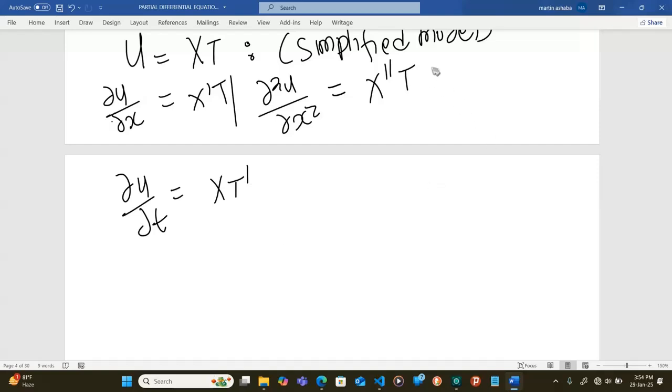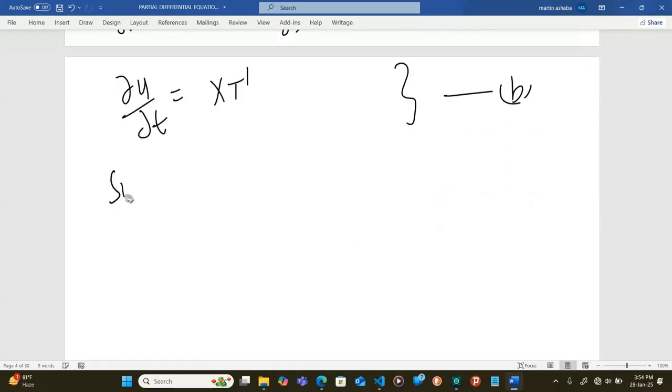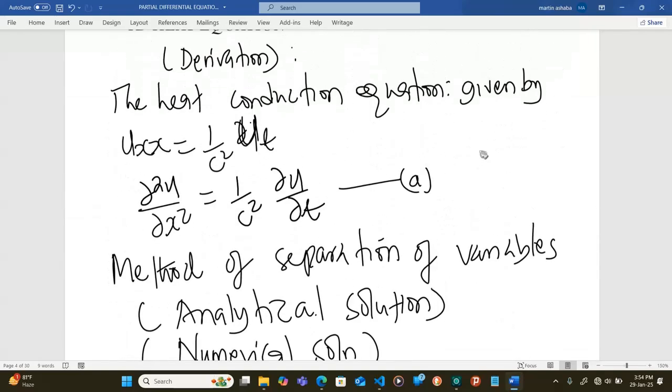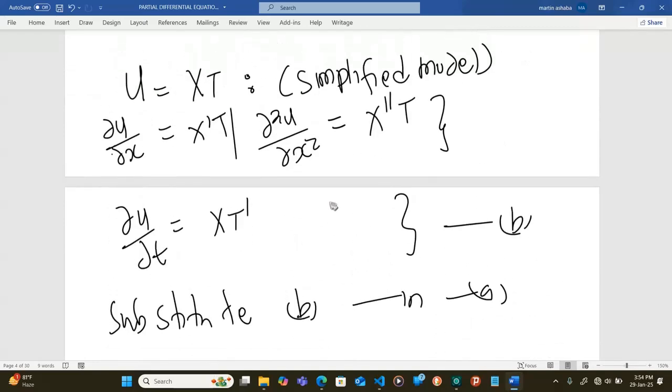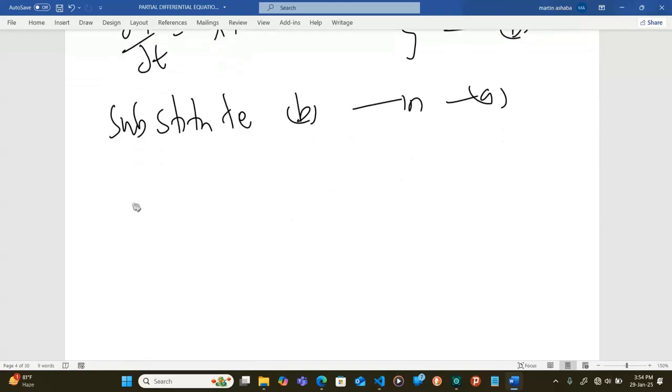If I consider this one and that one as B, what I'm going to do is substitute B in A. Our A is the equation that forms the heat conduction partial differential equation, and therefore this is going to happen like this. So I will have X double prime times T.